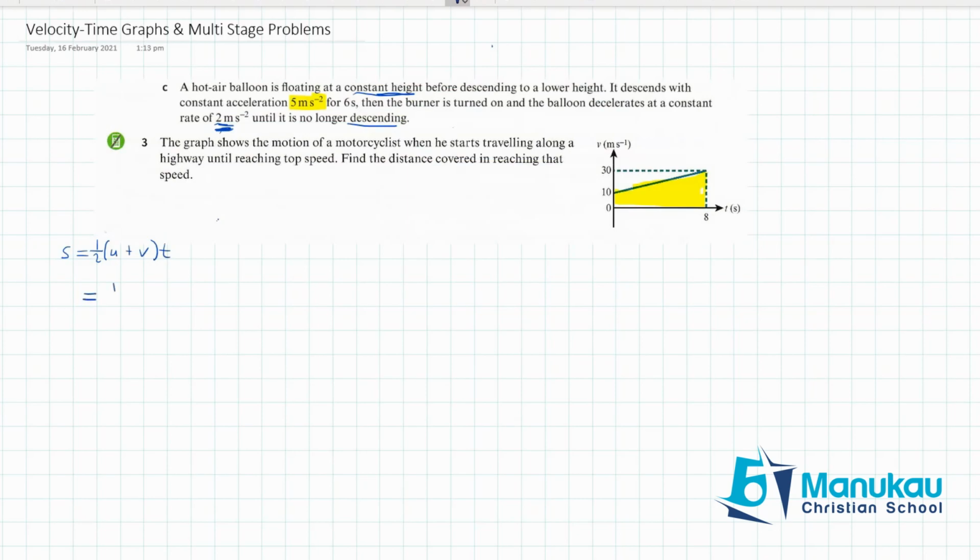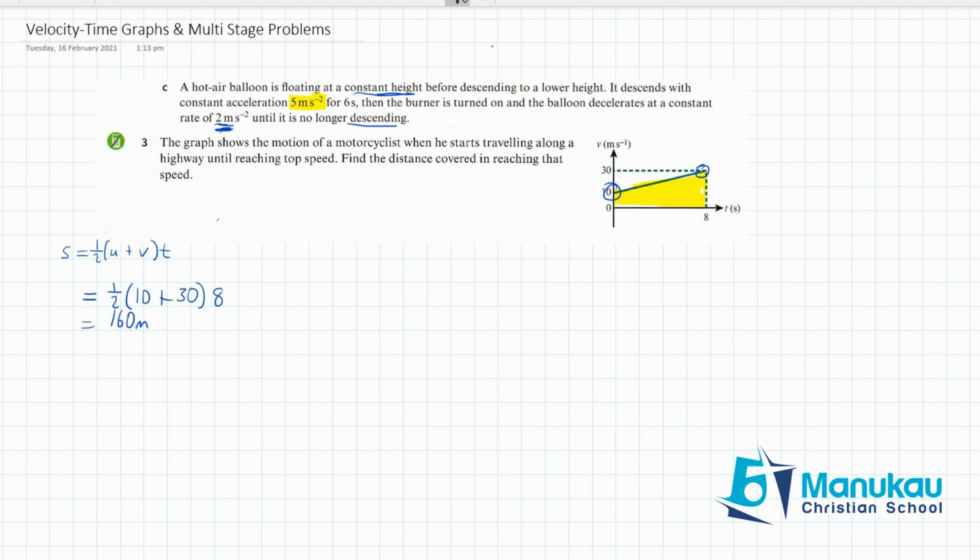Okay, well in this case that is going to be half. Our original speed is this one here, that's where we started, so that's 10. Our final speed is this one here, which is 30. And the time that this took was 8 seconds. So we're going to have 4 times 40, which is 160 meters, should be our answer.